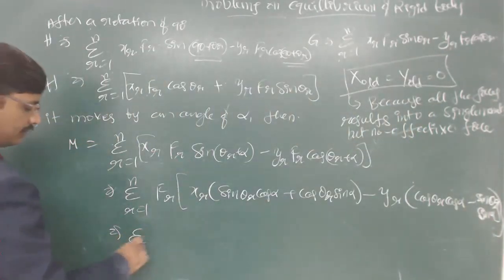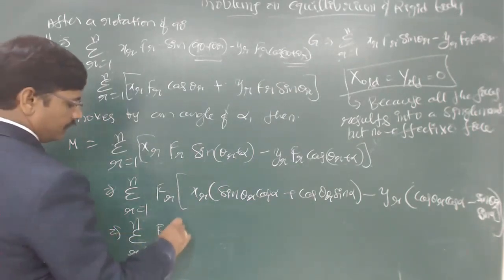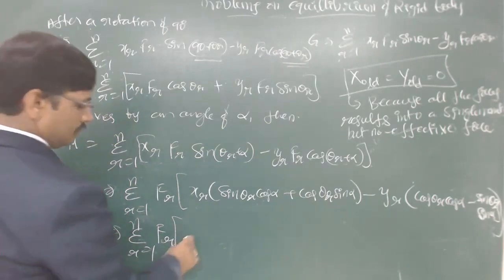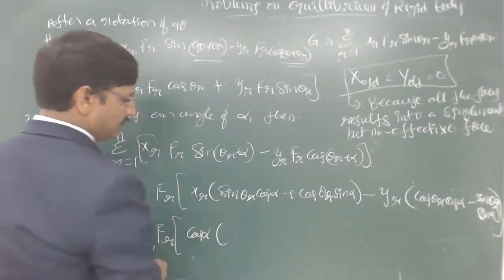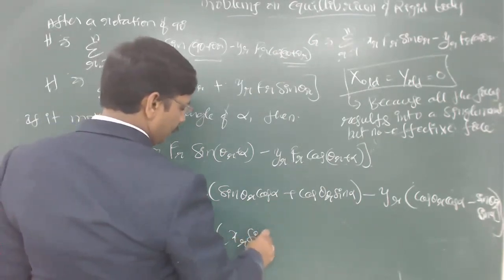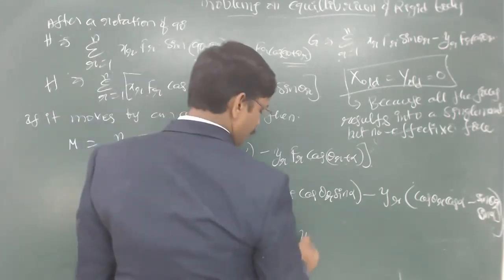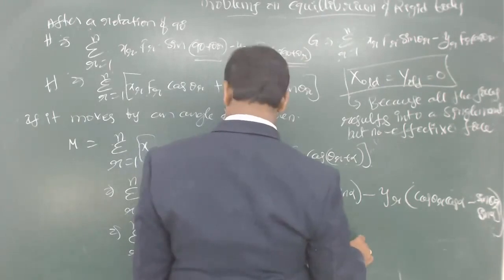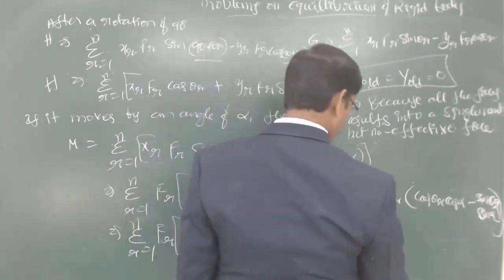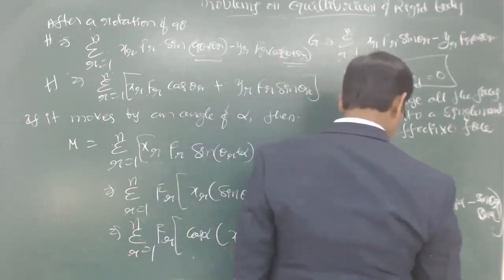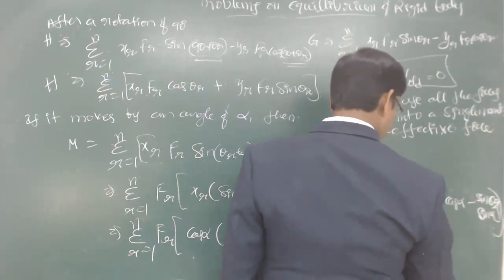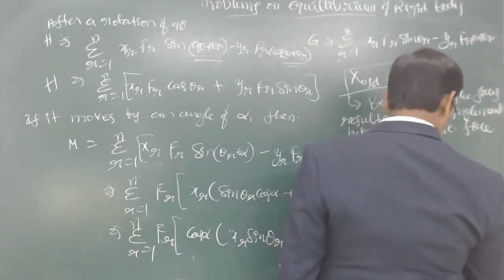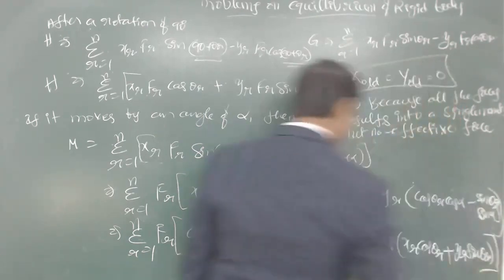Now if you further simplify this, fr you take out, and here cos alpha is there, here cos alpha is there, so if you take cos alpha out, what is left over is xr sin theta r minus yr cos theta r, plus sin alpha into cos theta r xr cos theta r, minus of minus will be plus yr sin theta r.